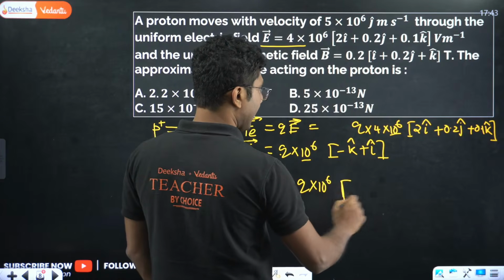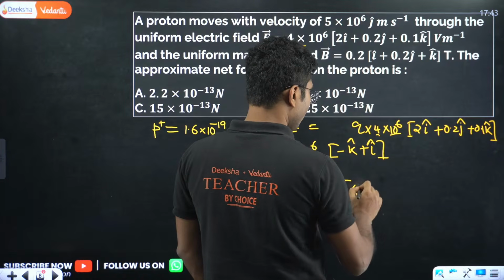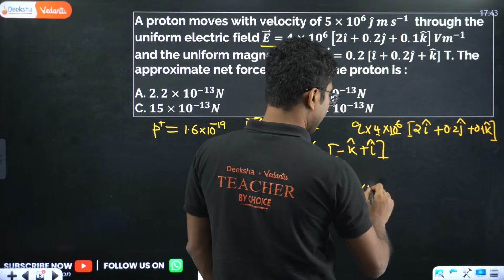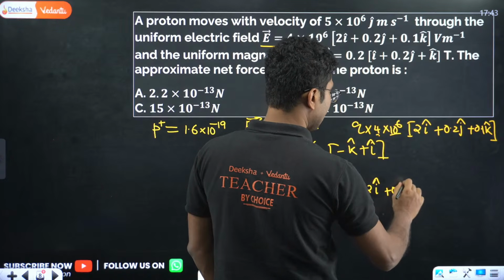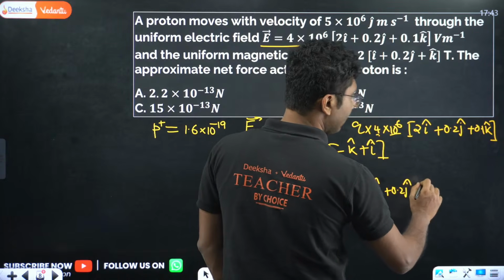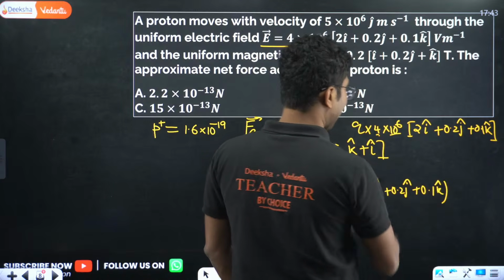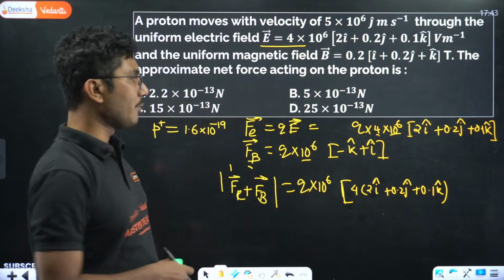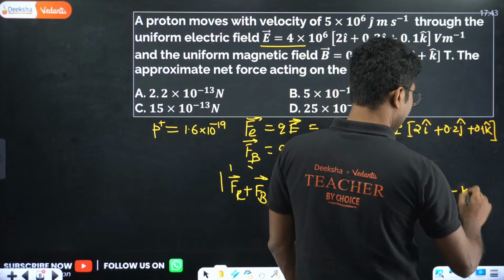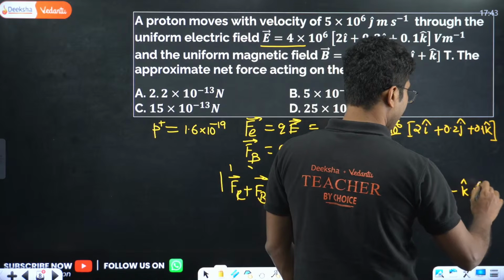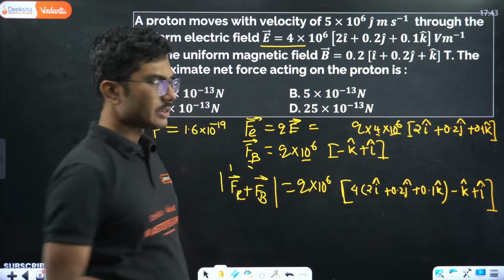Now here we have 4 into this entire thing, 2 i cap plus 0.2 j cap. Here no problem. Electric field will not cause any major problem. Magnetic field calculation is slightly tricky. Now magnetic field is minus k cap plus i cap. There was only one, so that one multiplication you will get.